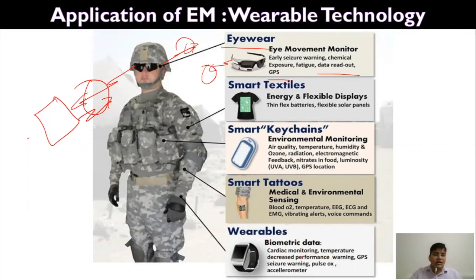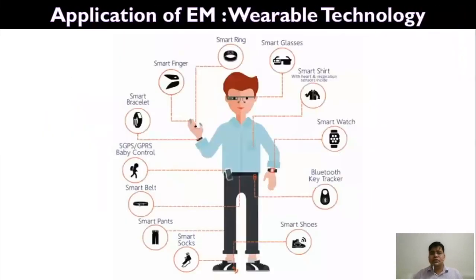You can wear a smart watch or smart bands, and it works on the electromagnetic field. Several types of Bluetooth connected devices are also there. I have told you Bluetooth is also based on the electromagnetic field.